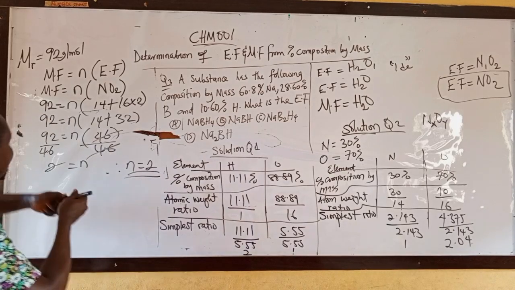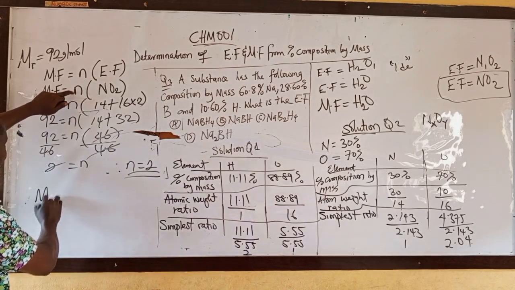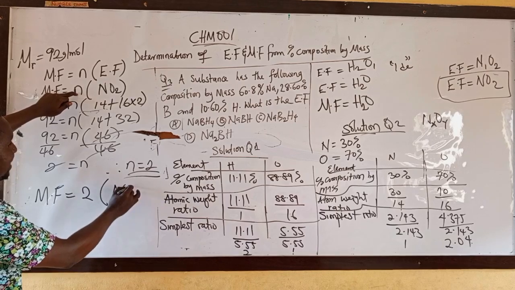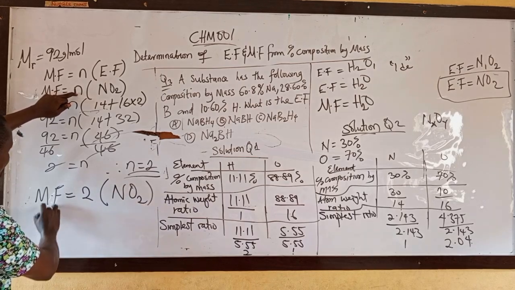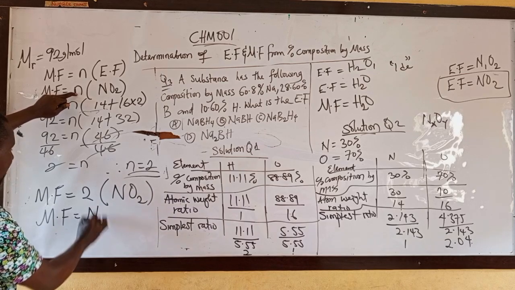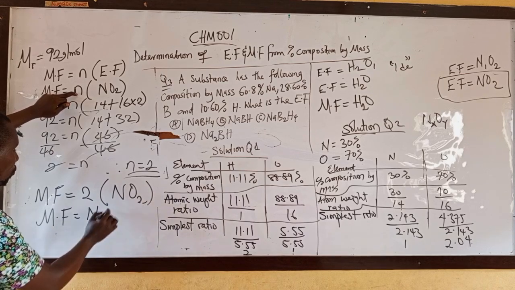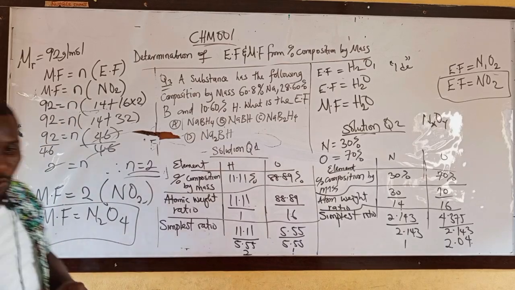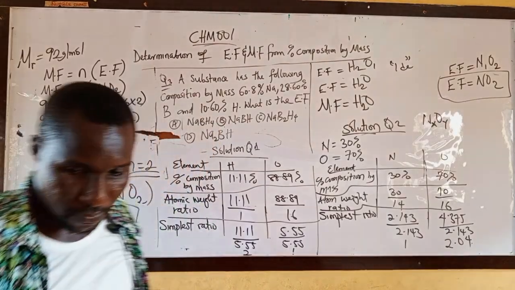Molecular formula equals 2 into NO2. Therefore, molecular formula equals 2 times 1, N2, 2 times 2, O4. Take note of this. That's your answer: N2O4. That's the molecular formula.